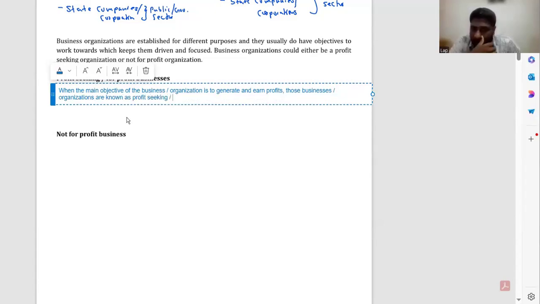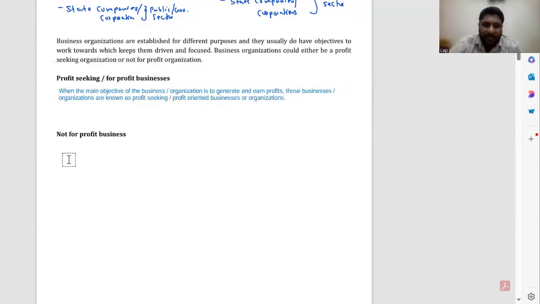If not, we'll call them profit oriented businesses or organizations. So if someone is running the business for the purpose of making profits, that is a profit seeking organization. So profit seeking organizations can be private and can be public also.